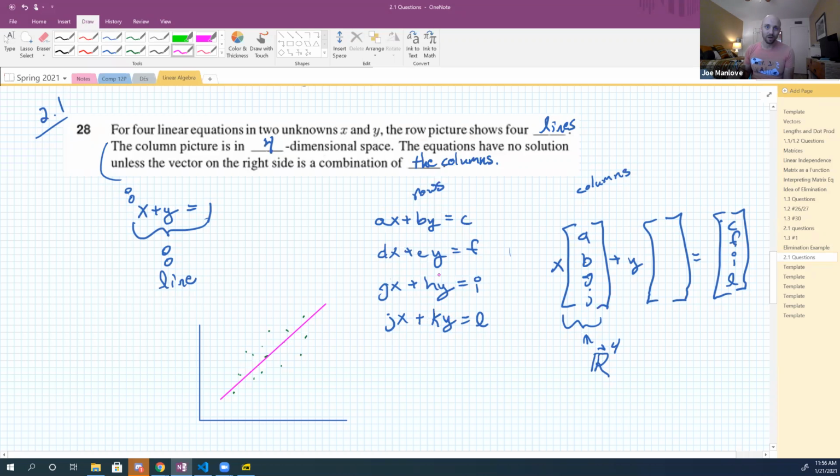Because there's only two variables and there's four equations. So odds are it's probably not gonna work. That's actually kind of this idea, right? If you have 4 points in space, the odds that they're on a line are really, really low. You guys see that?